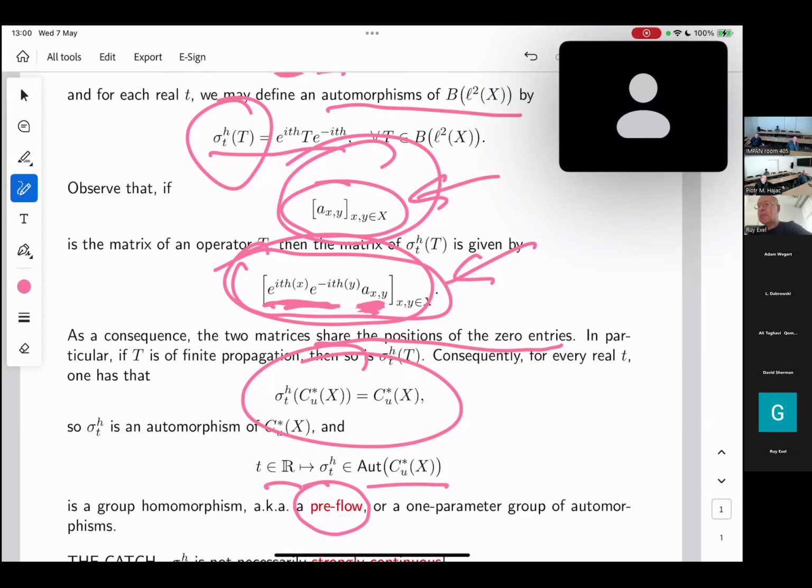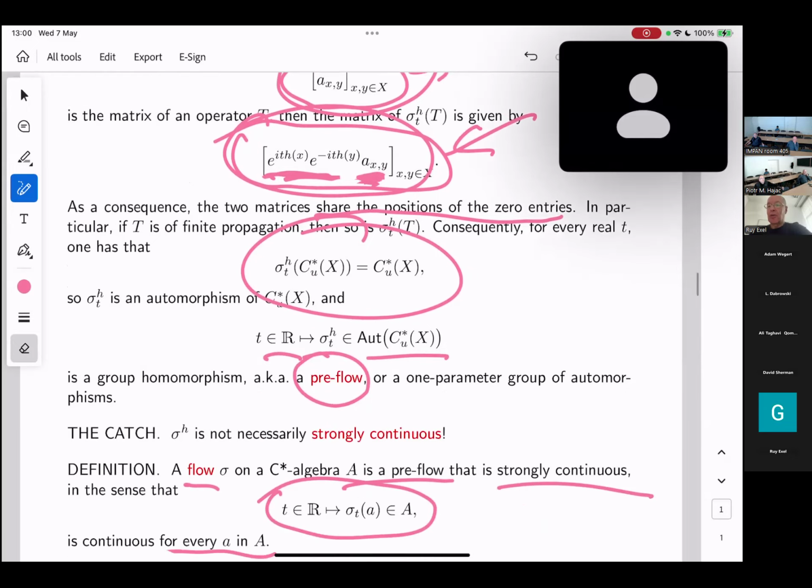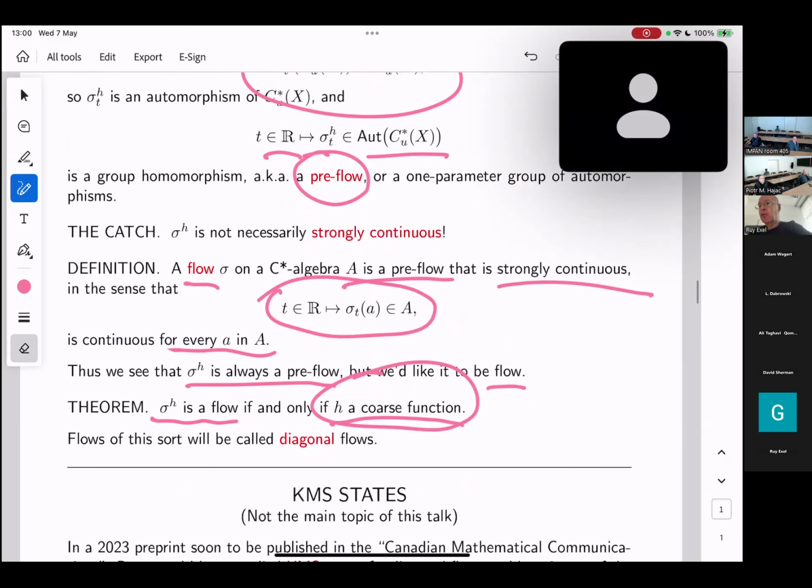But if h is unbounded, then the unitary group is continuous only in the weak operator topology. Okay. Of course, we are very much interested in the case of unbounded operators. Okay. So from now on, flows that come from coarse functions will be called diagonal flows. Diagonal flows are very central in this case.